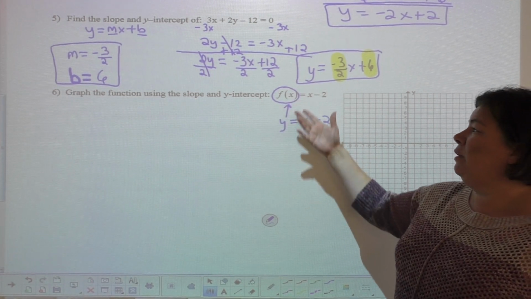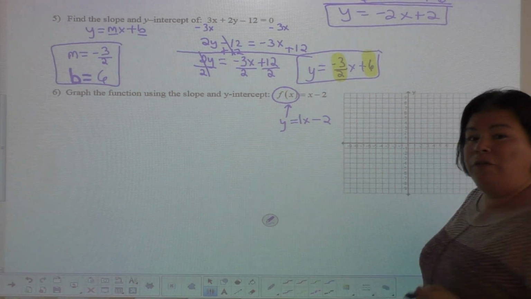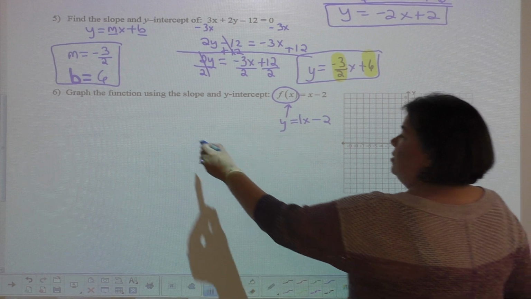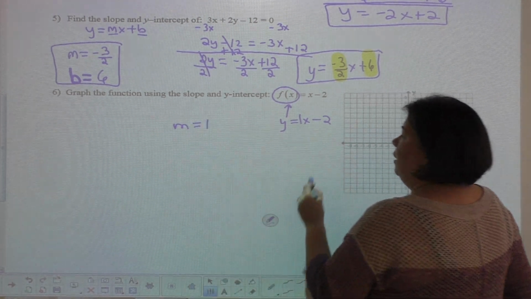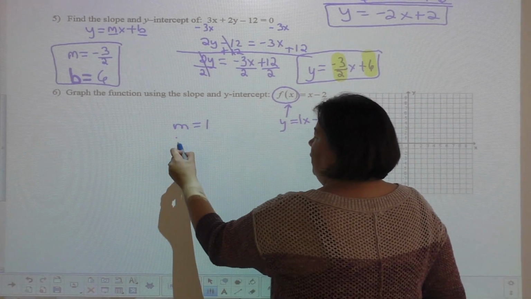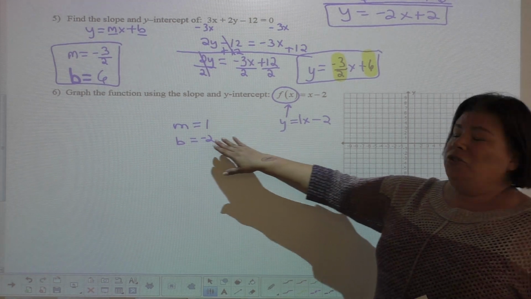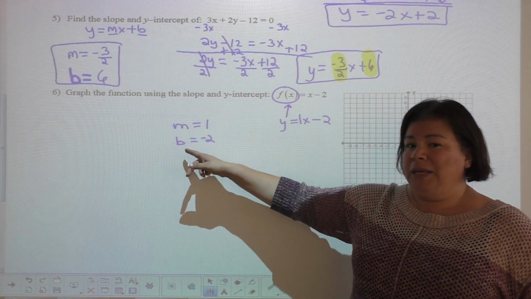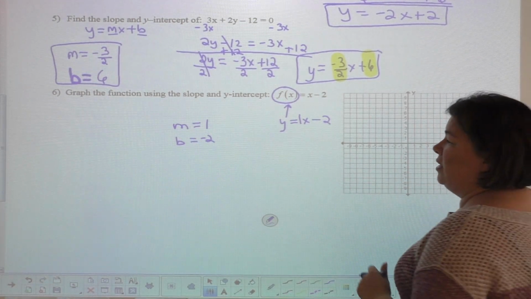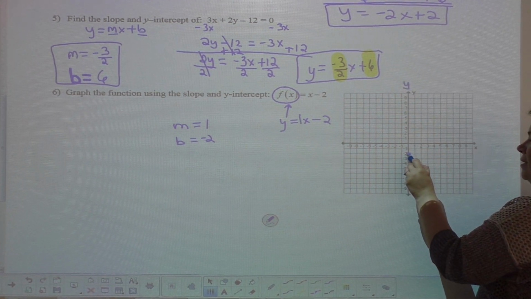So that means we've already identified that our slope, which is the coefficient in front of the variable x, is going to be 1. And our y-intercept is already this b value here, which is -2. So I like to say we're going to begin with our y-intercept, which is at -2 on the y-axis.